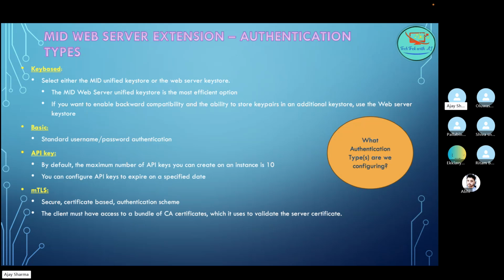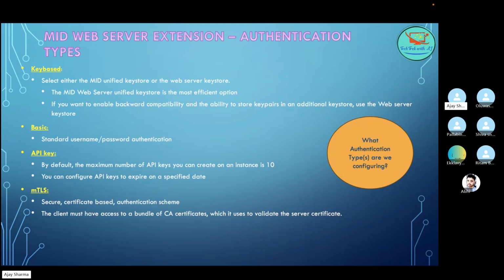Then basic is just a username and password, which is provided by that monitoring tool to trigger or to get that event in ServiceNow, right? Then API key: the maximum number of API keys you can create on an instance is 10. You can configure an API key to expire on a specific date, right?